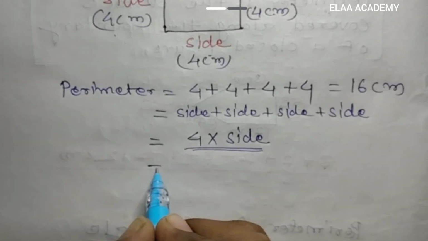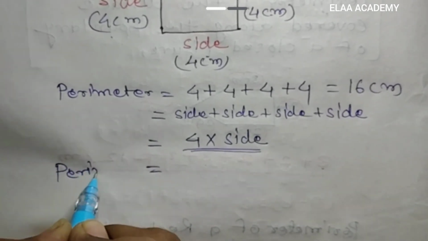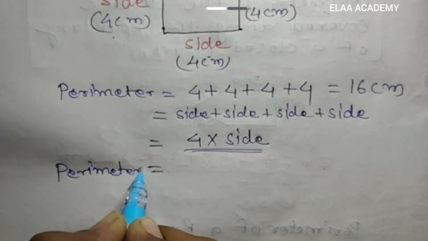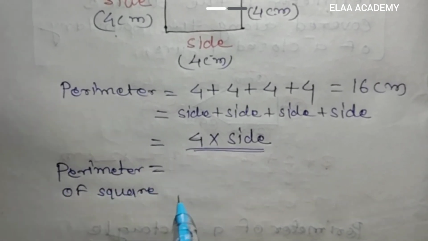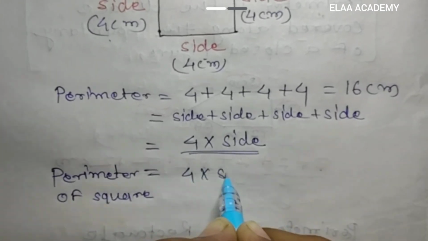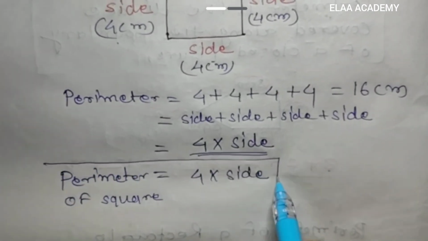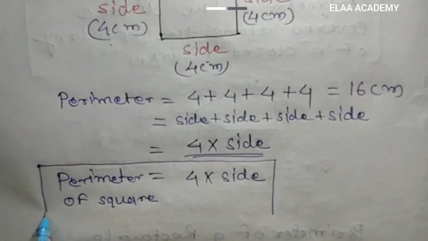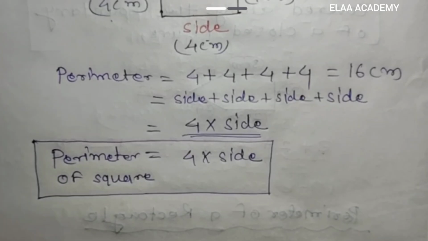Yes, I can write it. So we can write the perimeter of a square is equal to 4 multiply by side. Perimeter of square can be given as 4 multiply by side. Understood?